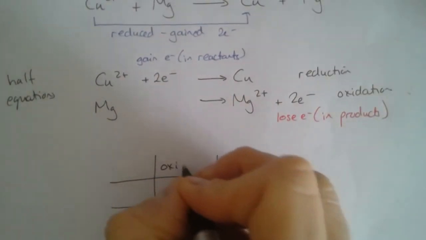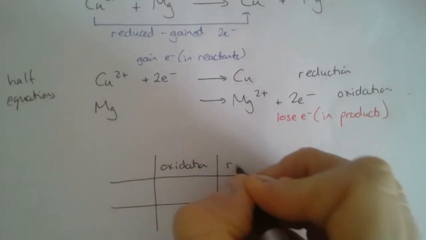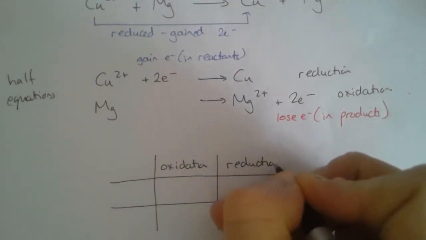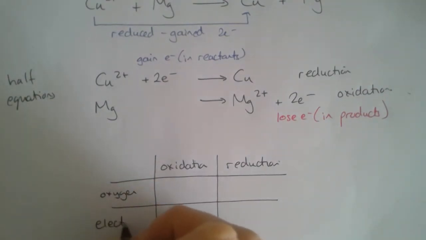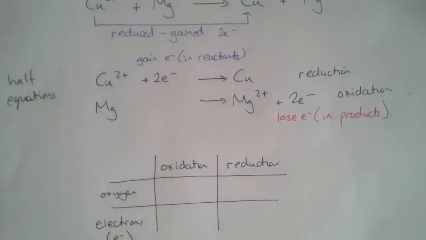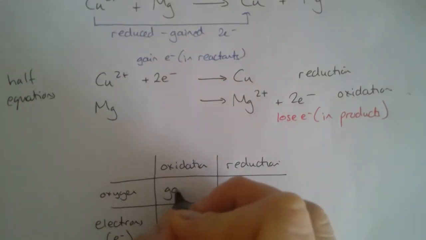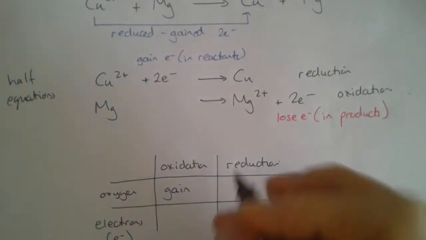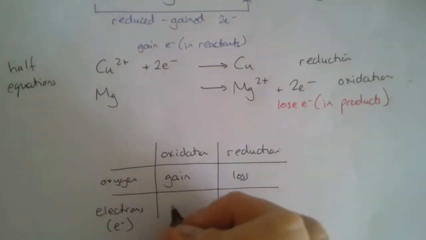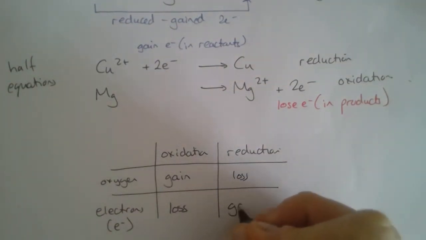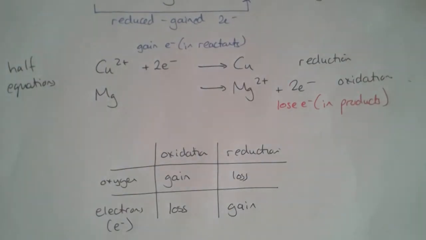We would say oxidation and reduction, and we can describe it in terms of oxygen or in terms of electrons. So oxidation in terms of oxygen is the gain of oxygen and reduction is the loss. And it's the other way round with electrons. So oxidation is the loss of electrons, reduction is the gain of electrons.